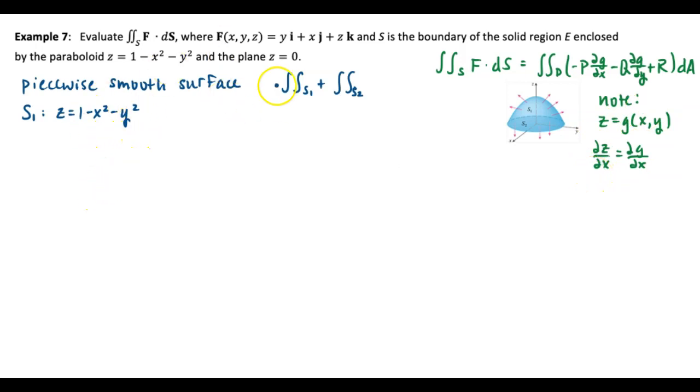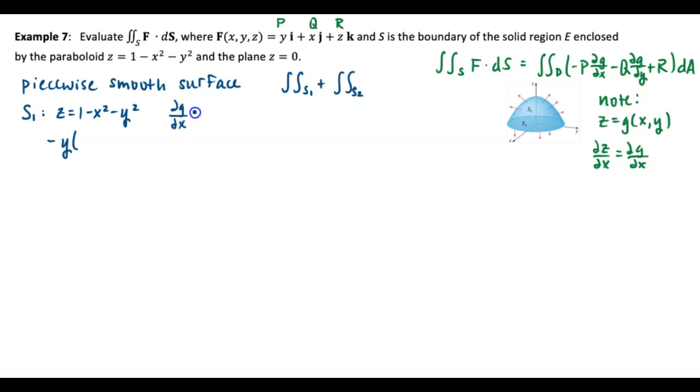And so now, let's find this integrand. We need our P, Q, and R, and this comes directly from this vector field, where we have a P that's attached to our i, a Q that's attached to our j, and an R that's attached to our k. And so we're going to get a negative P, which is a negative y, times the partial of g with respect to x. Let's do that on the side.